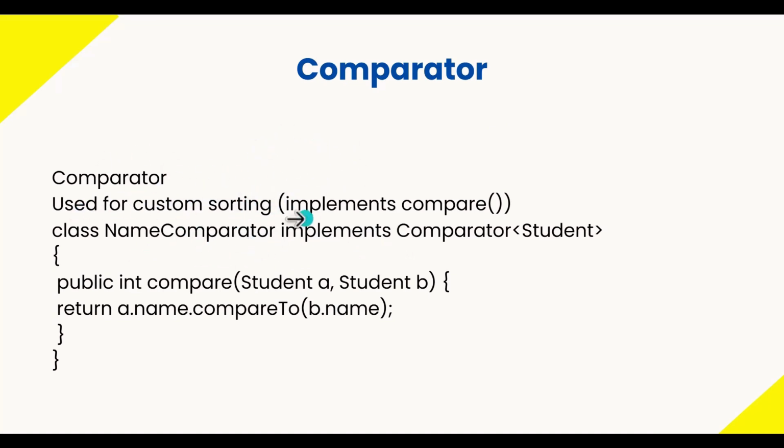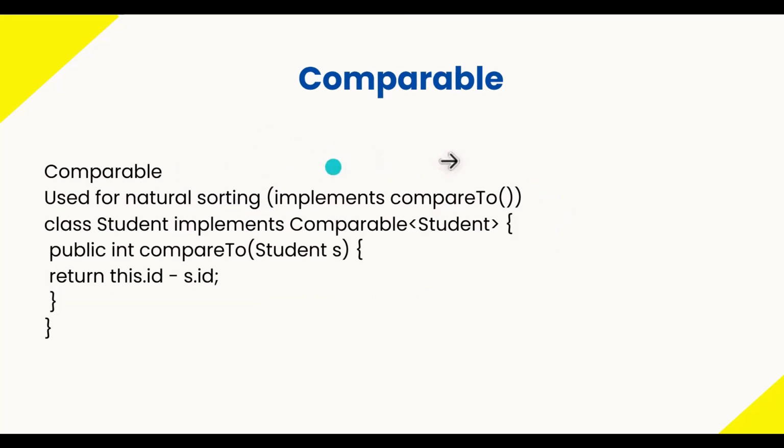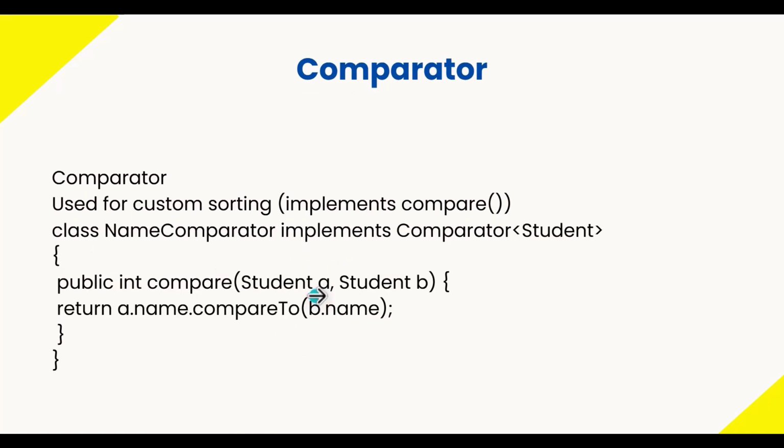So this is the first difference. The second one is that Comparable has the logic written inside the class itself, but a Comparator is a separate class that is outside the main class. This is the second difference.